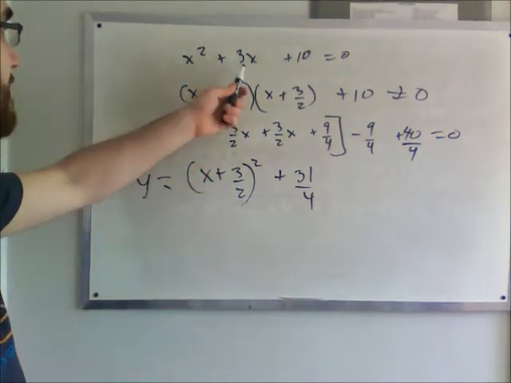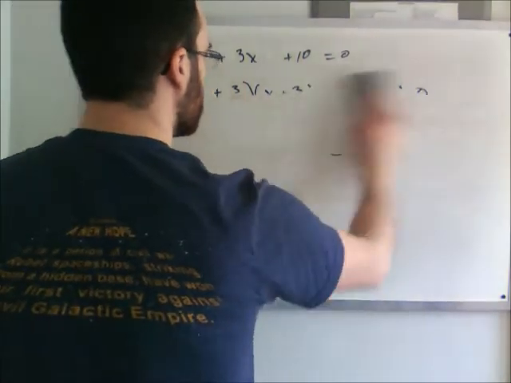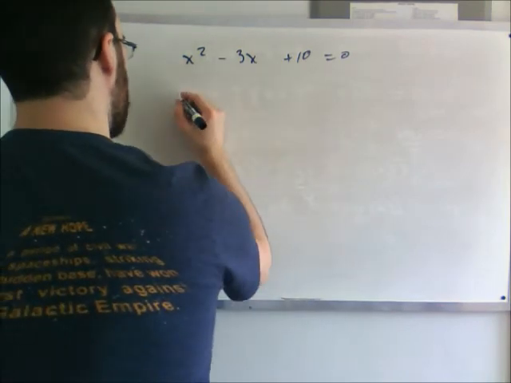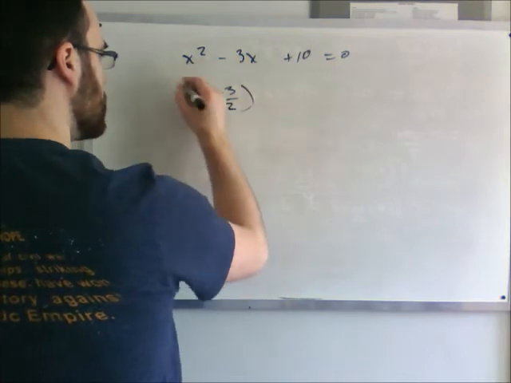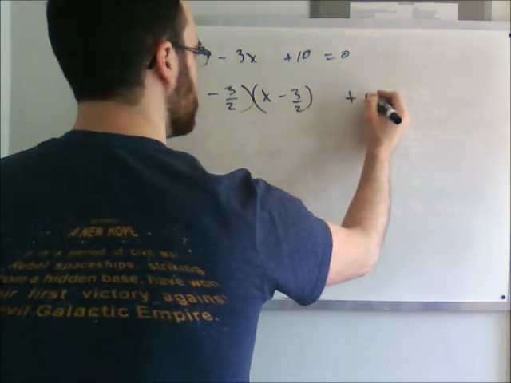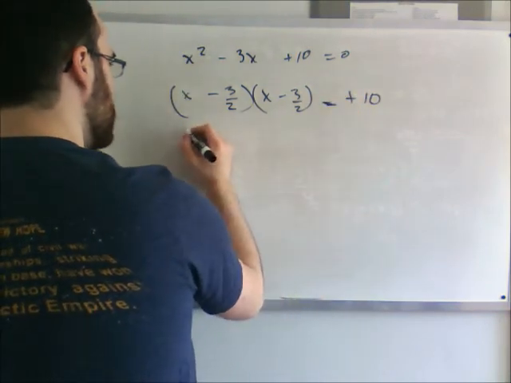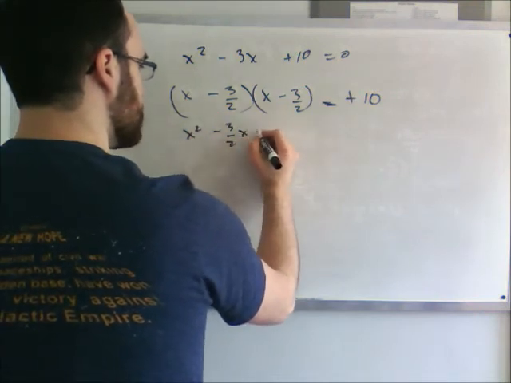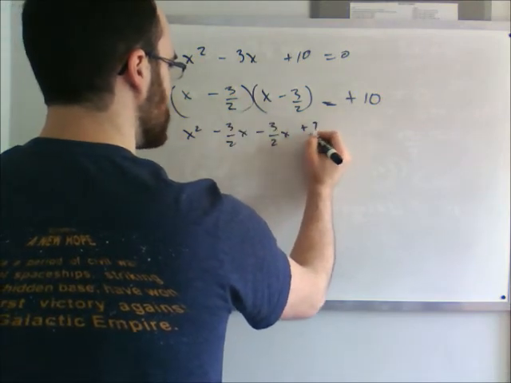You want to take half of the coefficient. Actually, let's try another one where it's negative. Let's say this were negative 3. So we'd have x minus 3 over 2, x minus 3 over 2 plus 10. But now we have to figure out what this number is that we're going to add in here. So we'll have x squared minus 3 over 2x minus 3 over 2x and then plus 9 over 4.